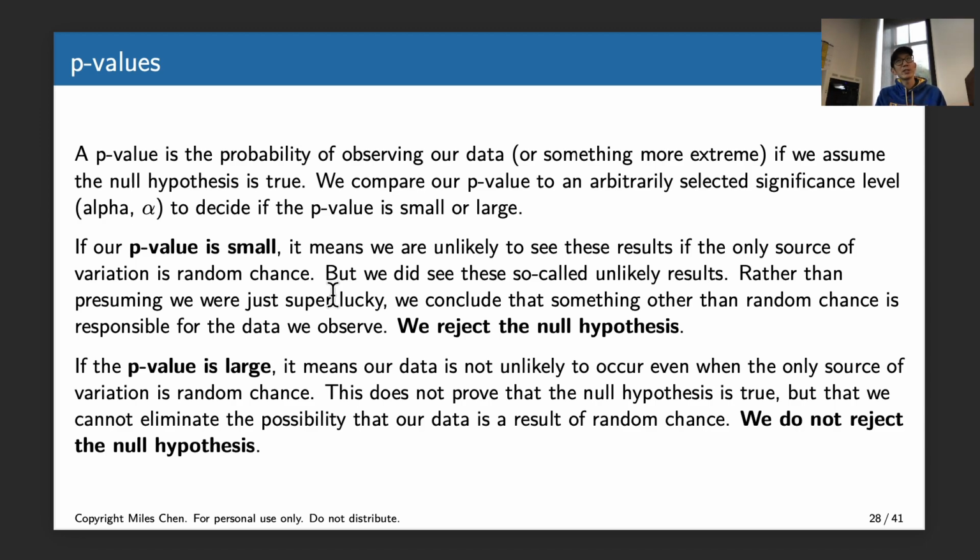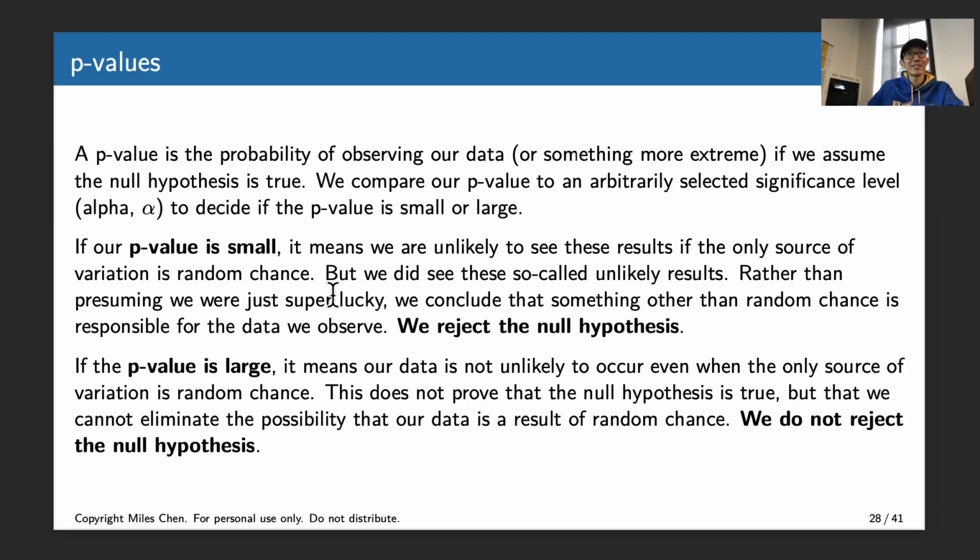And so if the p-value ends up being small, you say, well, I don't think the null hypothesis is true. You reject the null hypothesis. Because technically the null hypothesis could be true and just this weird set of circumstances led to this particular data.